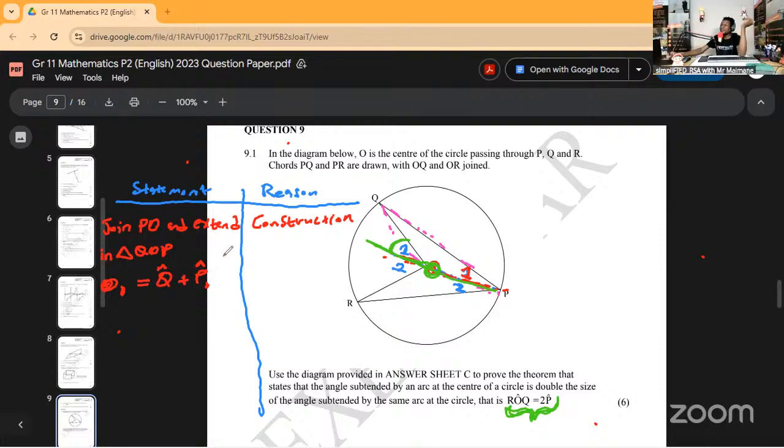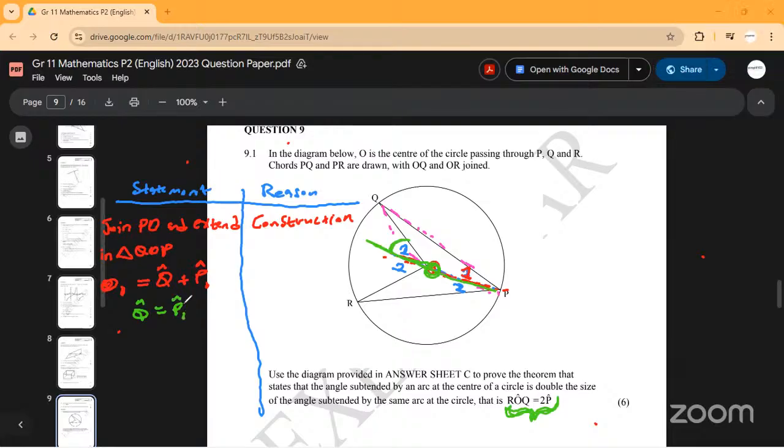Since you say QOP is an isosceles triangle, wouldn't it be fair to say angle Q is equal to angle P1?